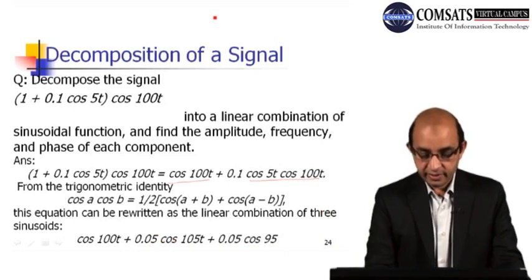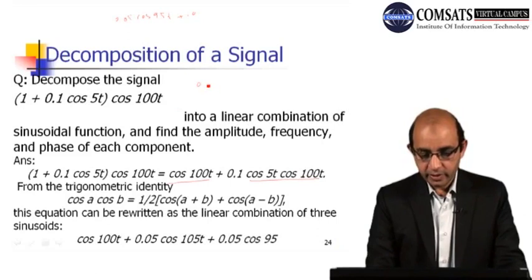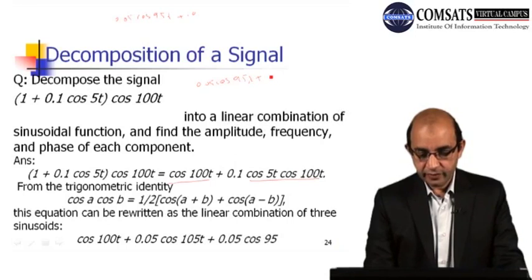So if I arrange, 0.05 cos of 95t, and then we have cos of 100t, and after that I will be having 0.05 cos of 105t.